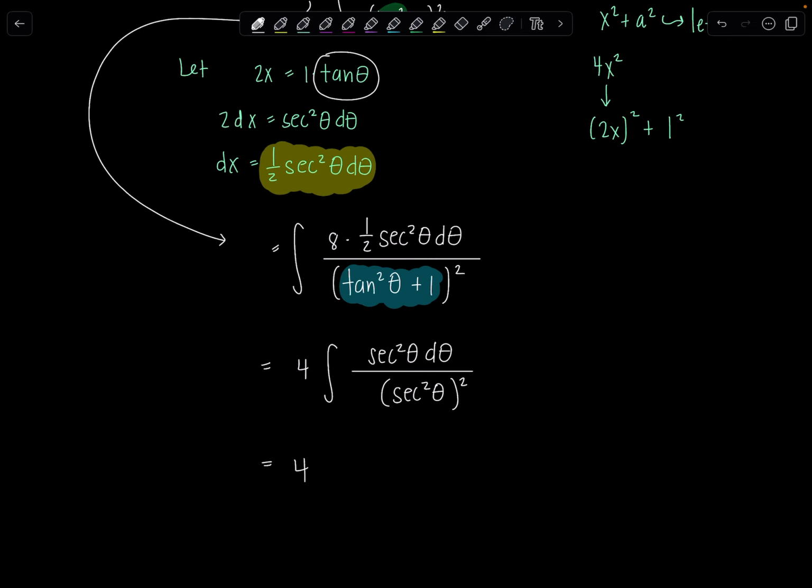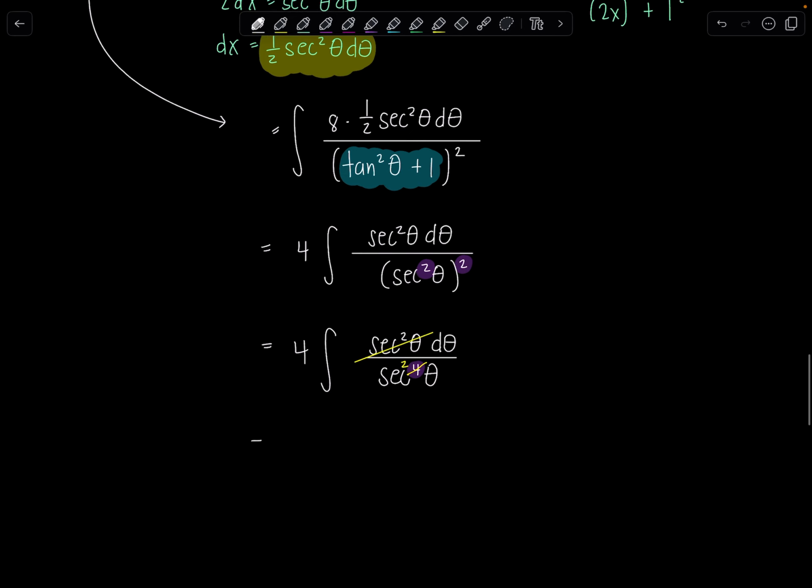So this is 4 times the integral of secant squared theta d theta over secant to the 4th theta, since I have secant squared squared. Secant squared from the numerator cancels, then I'm just going to have secant squared in the denominator. But secant squared in the denominator is the same thing as having cosine squared theta in the numerator, right?